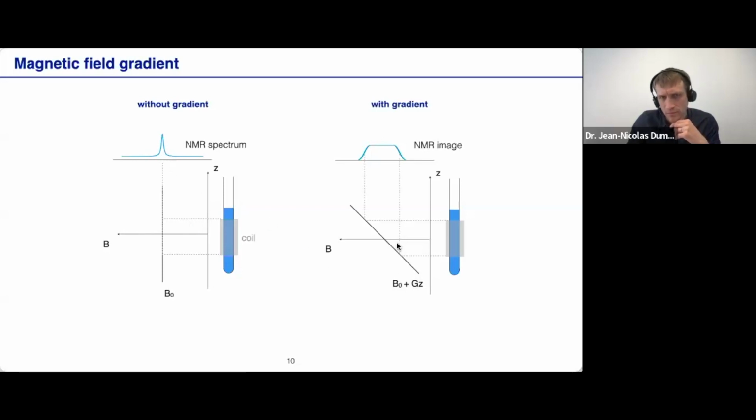If a magnetic field gradient is applied, then the field will instead vary linearly from one end of the sample to another, and as a consequence, the resonance frequency of the spins at one end of the tube is different from that at the other end. It varies linearly, and this is in fact the basis of magnetic resonance imaging, but here it will be used for different purposes.